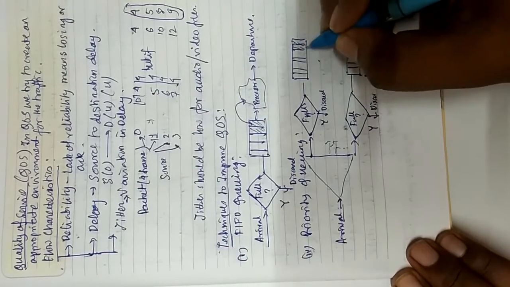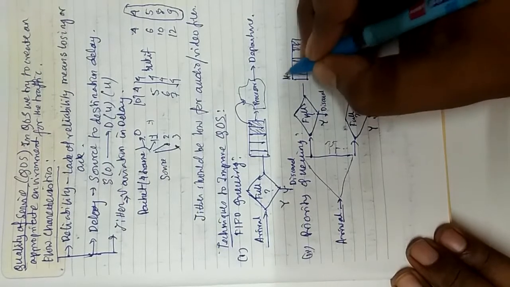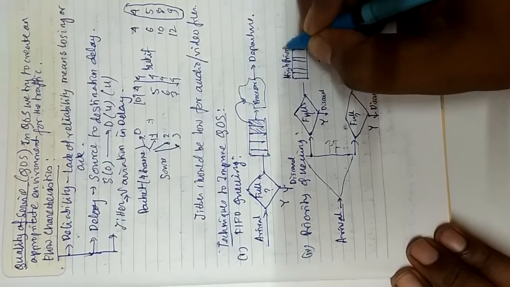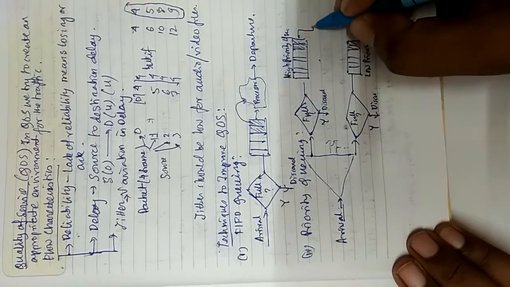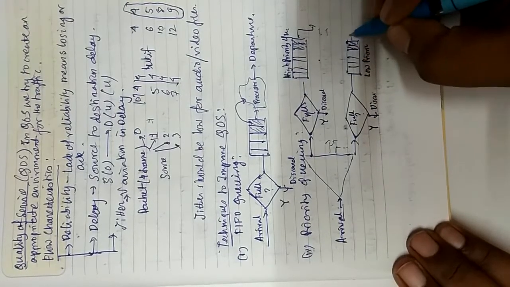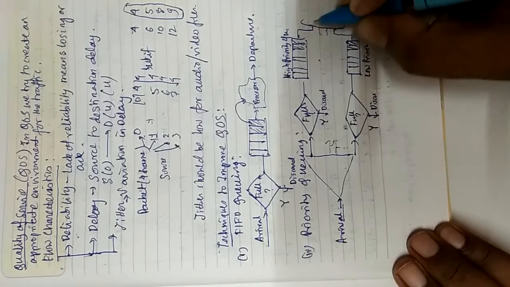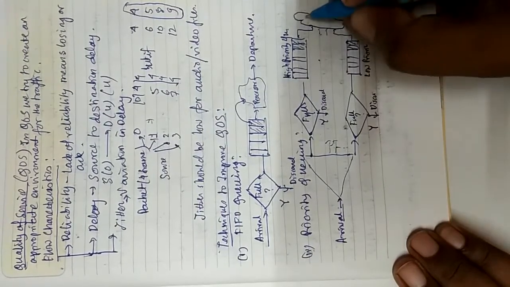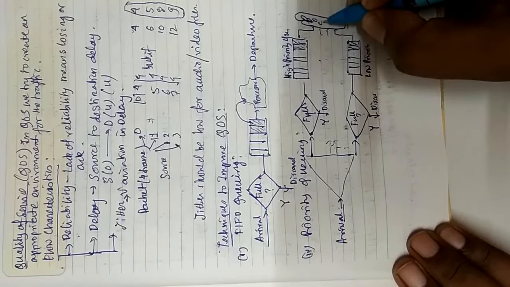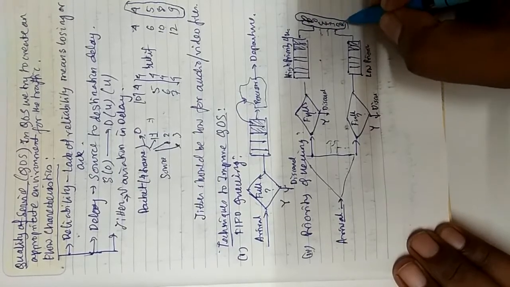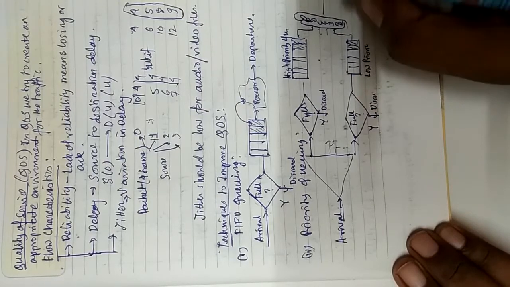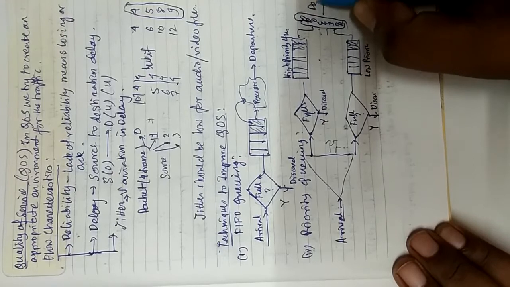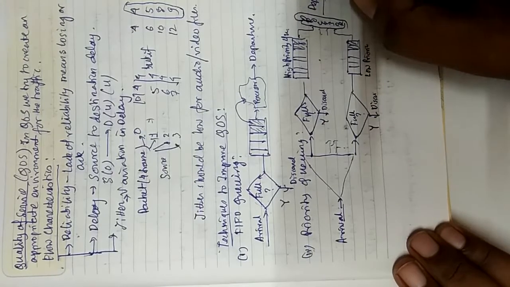This is the high priority queue. Packets will always come over here, and this is the processor, and this is the output, the departure.